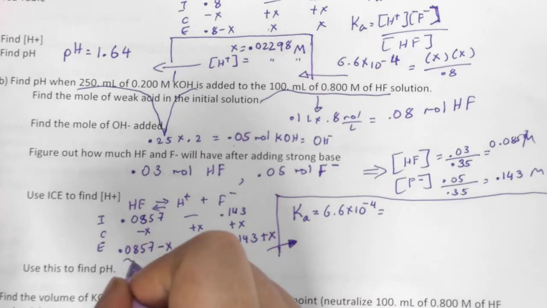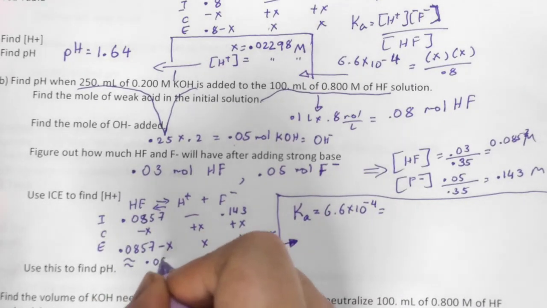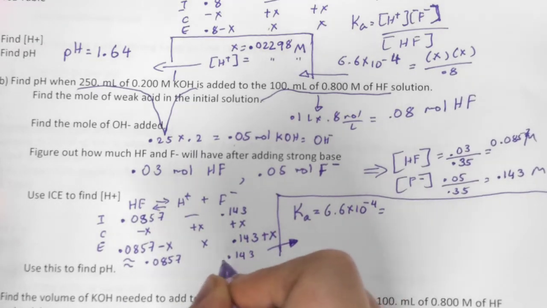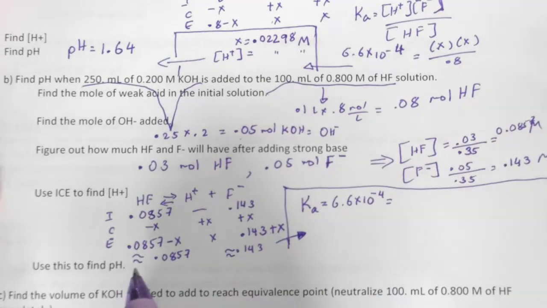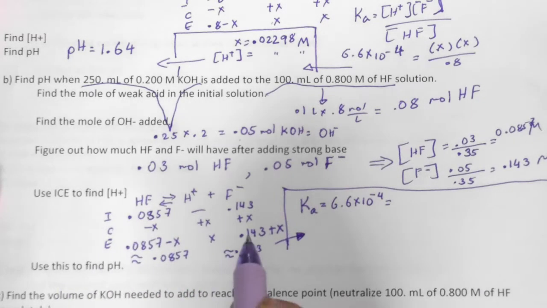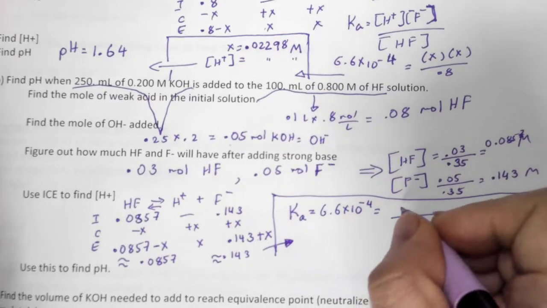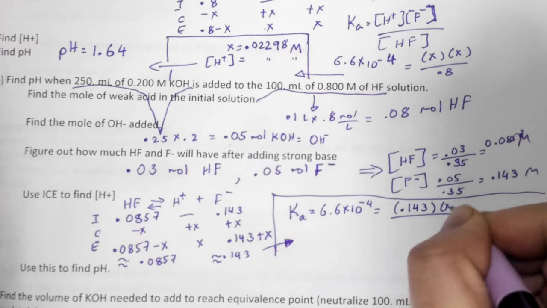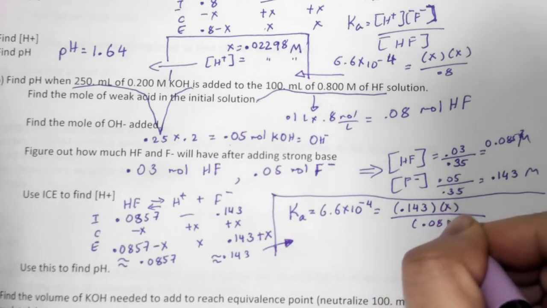Again, the assumption part you do need to write down on the test: Ka is small, so this is approximately equal to this. So this one is 0.143, this is x, this is 0.0857.